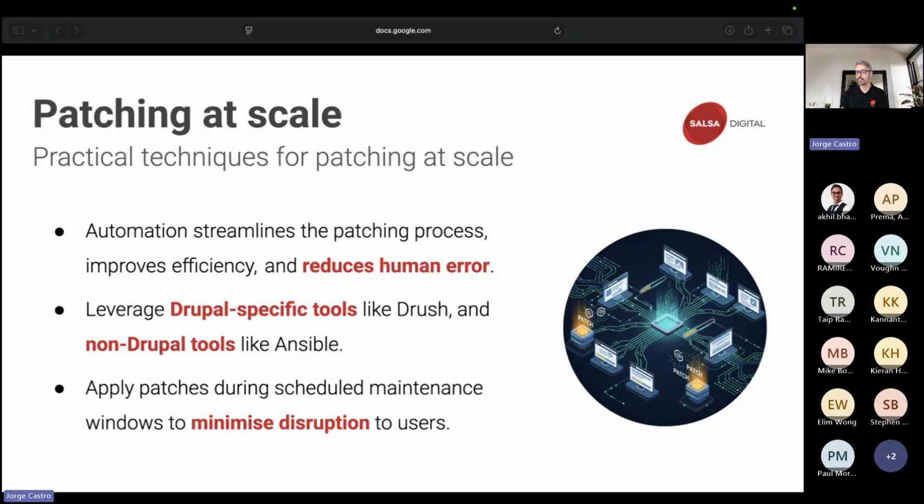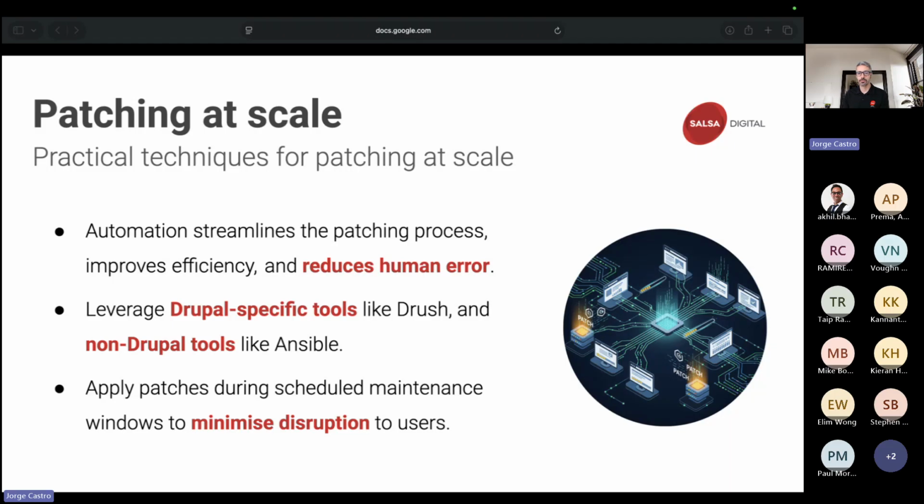So automation can streamline the entire process. Again, you can start small and automate parts of it, but ultimately the end goal is to automate as much as you can, because automation brings efficiency, it brings consistency, and as I said, it removes the human error from the process as well.